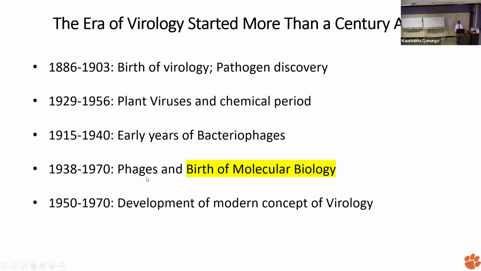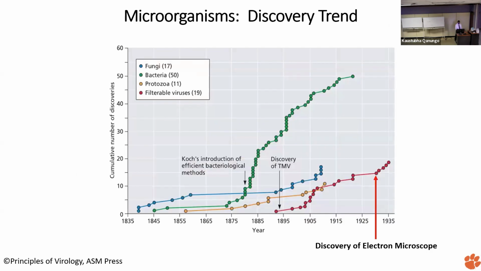And the phage, basically the bacteria, opened up our understanding of DNA replication, transcription, translation, as well as mRNA splicing and others. The birth of molecular biology was triggered in the 1970s due to this, because you can label a virus and track it, and you can tell exactly what it is doing. So that was the idea. And then the 1950s to 70s enhanced our knowledge and the concept of virology tremendously.